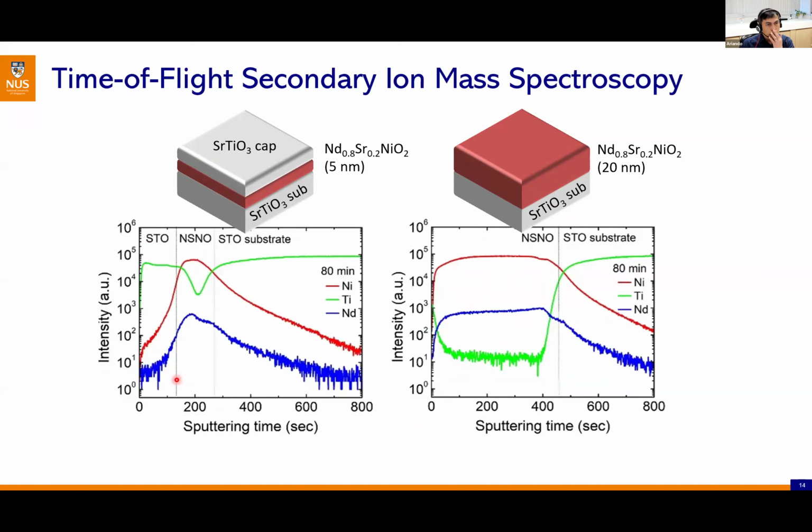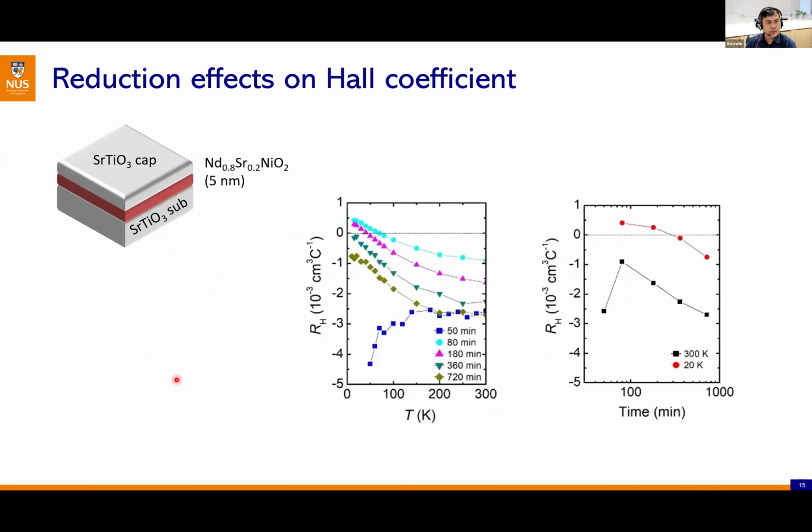So this is just a comparison for the other atoms, so not very important to discuss right now. If we look at the resistivity, there is also a change in the Hall coefficients as you go from the case of over reduced or under reduced. So the system remains electron-like, while when you have the optimally doped, there is a crossover of the Hall coefficients at low temperature.